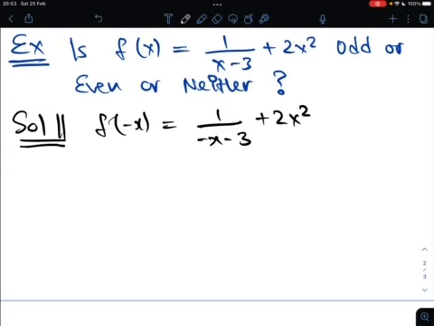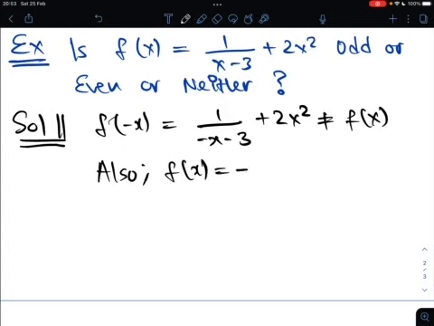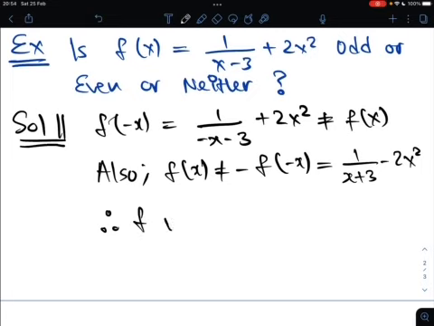We can see from here that this is definitely not equivalent to f of x. And also it's easy to see that f of x is not equivalent to minus f of minus x, because minus f of minus x is the same as 1 over x plus 3 minus 2x squared. So there is no equality there. Therefore f is neither odd nor even.